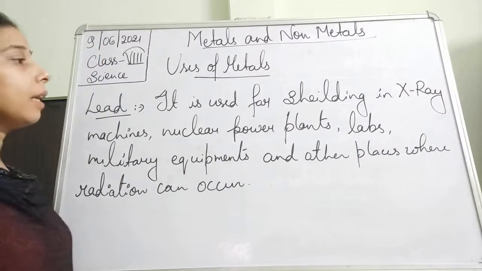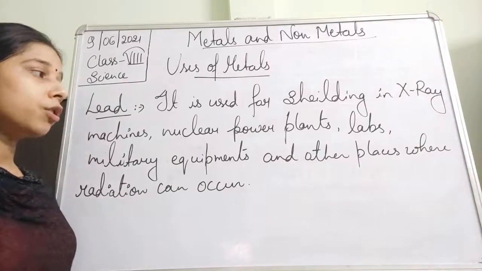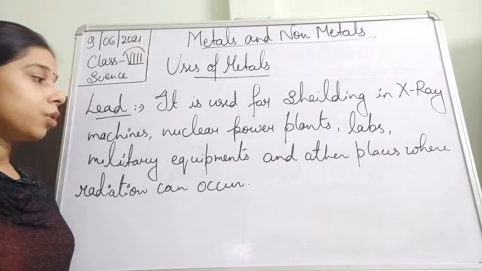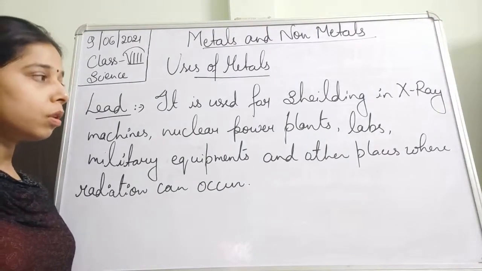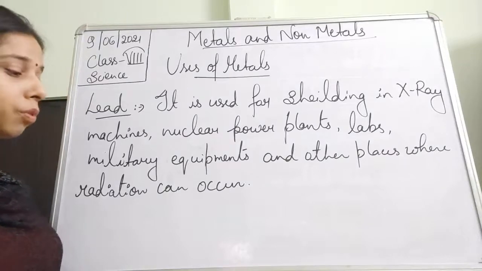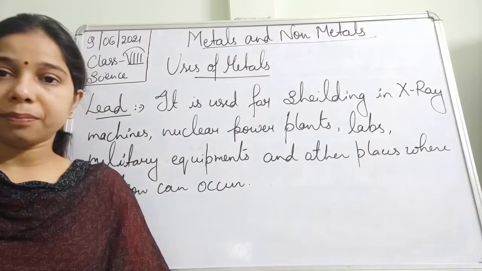So we can say here that lead is used for shielding in X-ray machines, it is used in nuclear power plants, it is used in military equipment, it is used in labs, and it is also used in different other places. So these are some of the uses of lead.